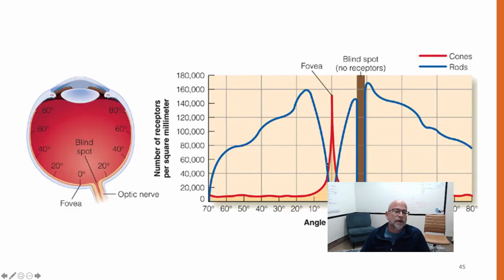Again, remember that our job here as designers and just in general is to focus as much of the stimulation that's coming into our eyes on the fovea as possible. And the fovea has lots of cones, whereas the periphery has lots of rods.